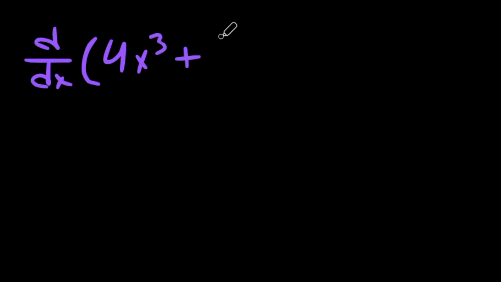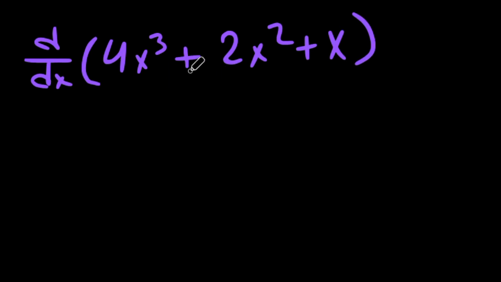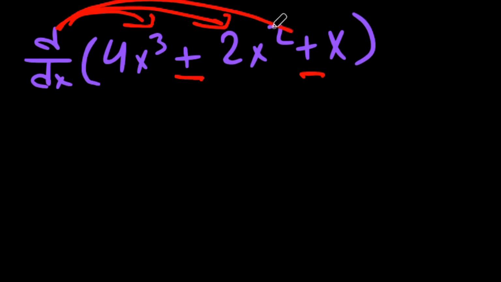Alright, now let's incorporate the sum rule. If you want to try this on your own, feel free to go ahead. So our problem is, let's find the derivative of 4x cubed plus 2x squared plus x. Now the sum rule says that whenever we have an addition, we take the derivative of all three terms.